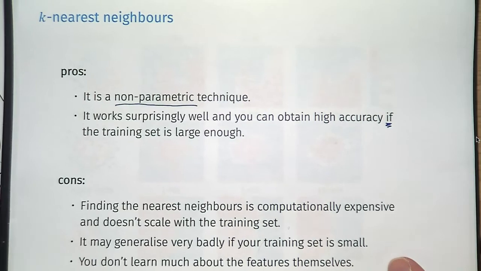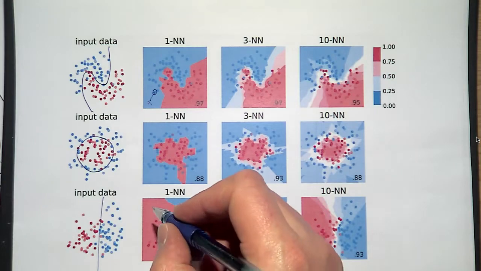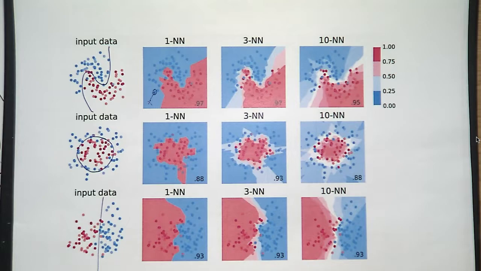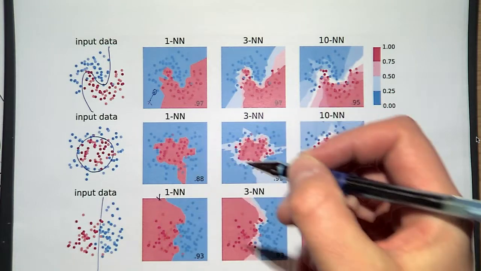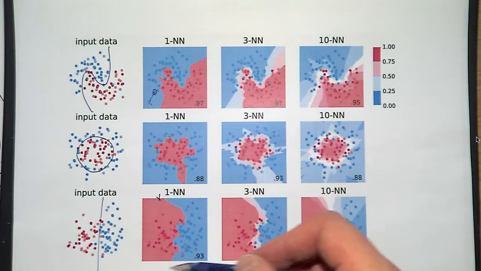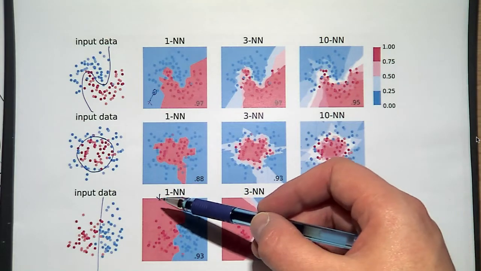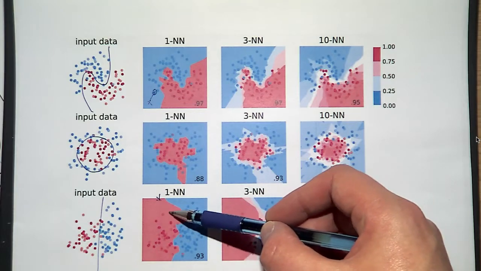If you come back to this example here, the further away you are from your data set, so if you extrapolate a lot, and your test point is very far away from the rest of your training set, then you'll be looking at the distance from this point to the nearest points in your training set.